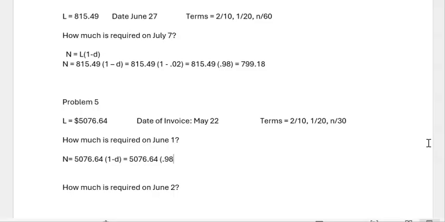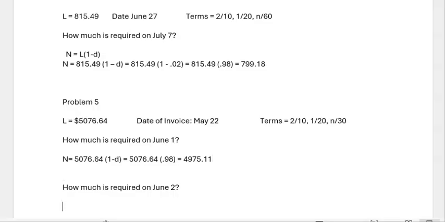Multiplying that out gives us $4975.11. It comes to 0.107, but we're rounding to the nearest penny, because remember, all of this is in dollars and cents. So rounded to the nearest penny is 11 cents.